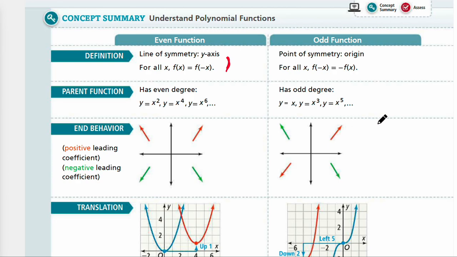And then the end behaviors are going to go the same way for even functions. Odd functions will go opposite ways. So if you look at the colors, the red will go the same way, green will go the same way for even. For odd, red goes opposite ways, green goes opposite ways.